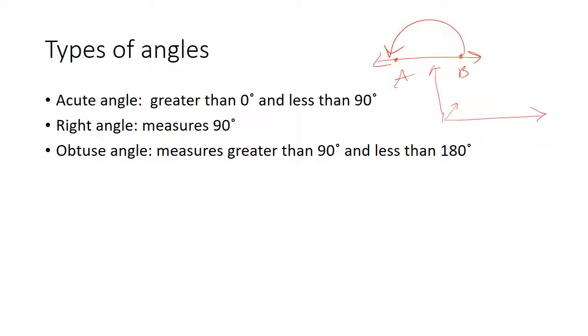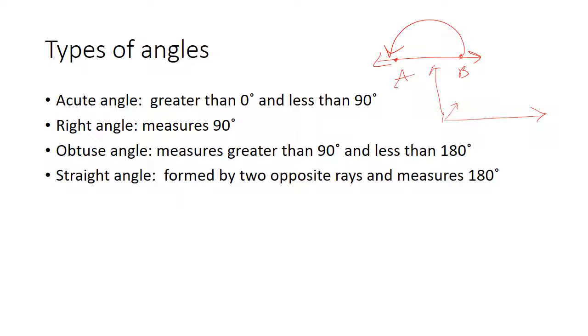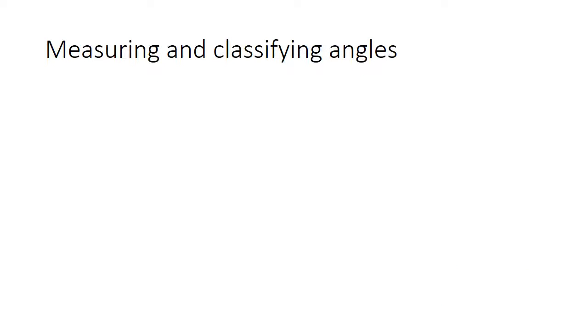We would say they are opposite rays, creating a straight line. So a straight angle is one that measures 180 degrees. So you can go skinny, you can go 90, you can go obtuse, and you can go straight. Those would be our types of angles.